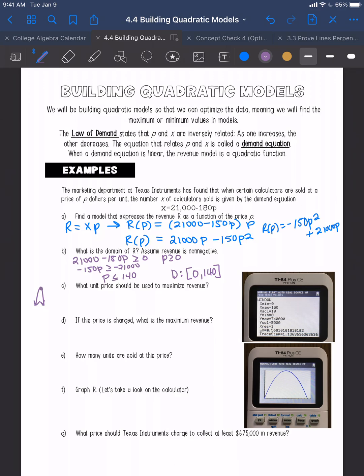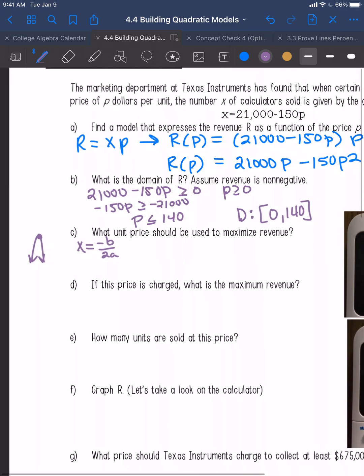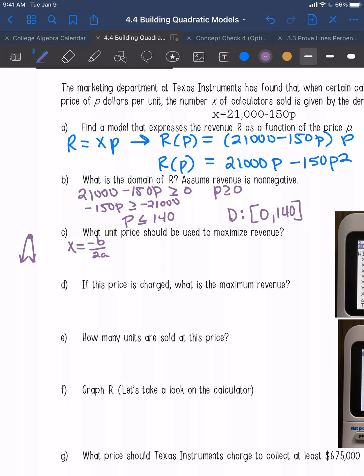And that maximum occurs at the vertex. We can find that by first finding our axis of symmetry, which would be X equals negative B over 2A. Well, our X is just P, we're talking about P here, so I'll go ahead and change that to P.